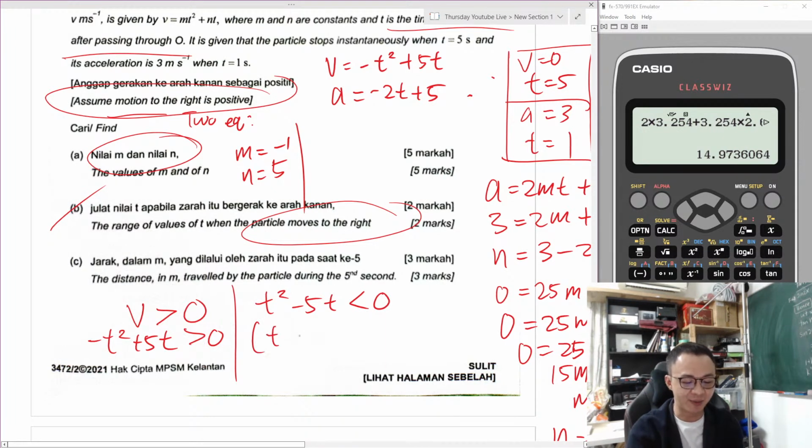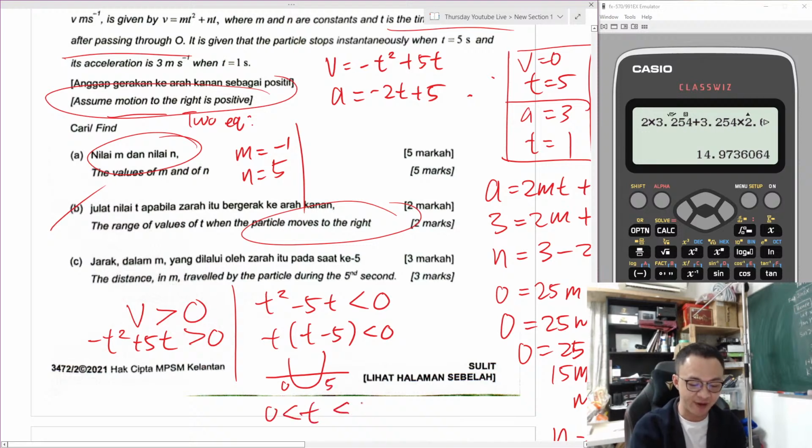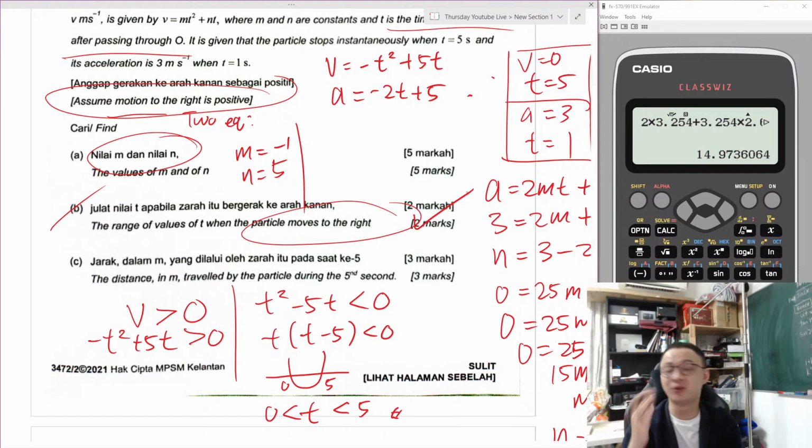Now I factorize out my t, so this is t times (t minus 5) less than 0. Less than 0 is between 0 and 5, right? So my t will be between 0 and 5. Okay, 2 marks. This one just tests whether you understand that a particle moving to the right means v is bigger than 0.